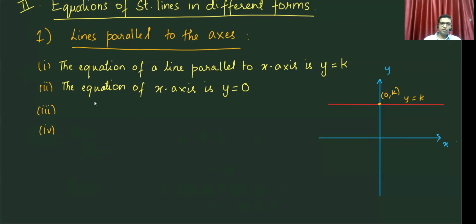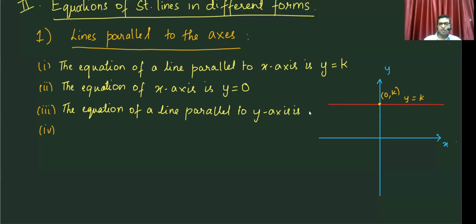So the y value is 0. Next, the equation of a line parallel to y-axis is x equal to h.